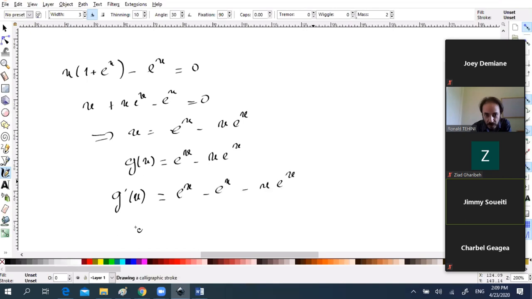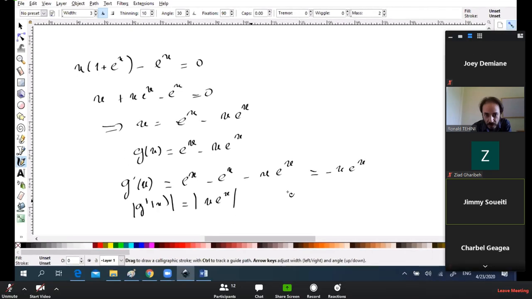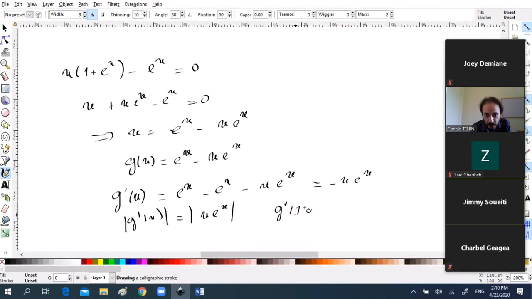So the absolute value of g prime of x is equal to x e^x. This is not always inferior to 1 on the interval 0, 1. For example, g prime of 1 is equal to e, which is superior to 1.